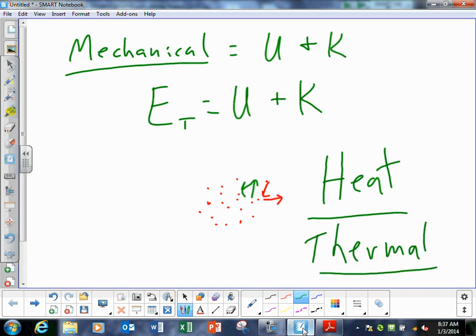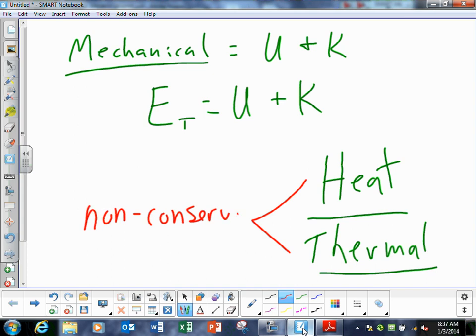Heat and thermal energy are not conservative. Okay, so heat and thermal are what we call non-conservative, where mechanical energy is conservative, which means that energy is conserved, transforming from kinetic to potential, potential to kinetic.